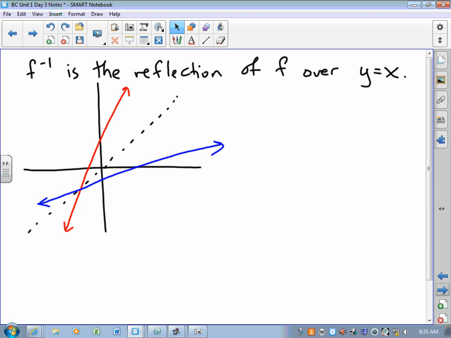And you remember from your geometry that if you reflect over y equals x, (x, y) becomes (y, x). So if this is the point (m, n), then this over here is the point (n, m).